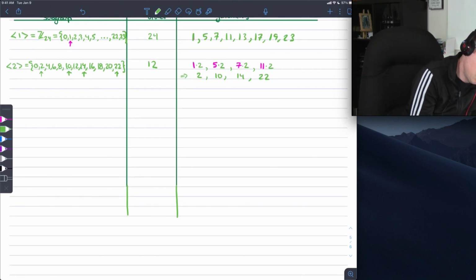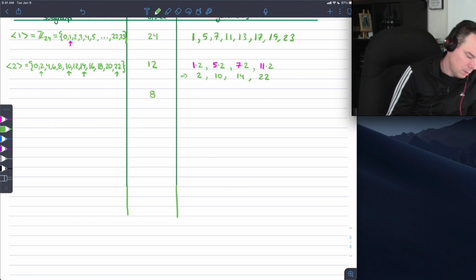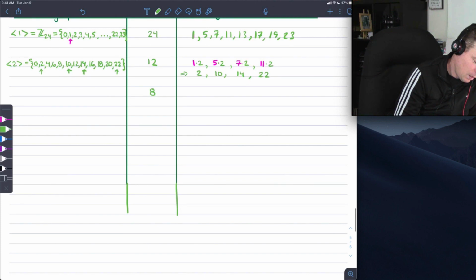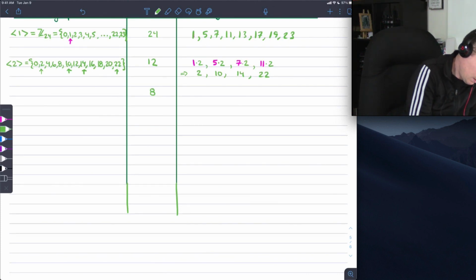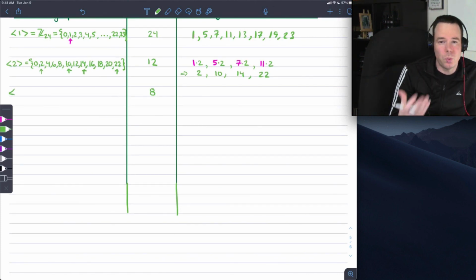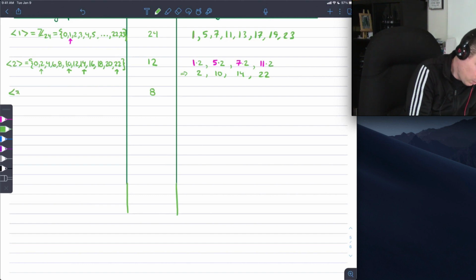So what's the next biggest divisor of 24? So we got 12. The next way we can divide 24 is, well, we can divide it with 8. So 8's a factor of 24. How can we get a subgroup of size 8? Well, I need to use the element 24 divided by 8, or 3.